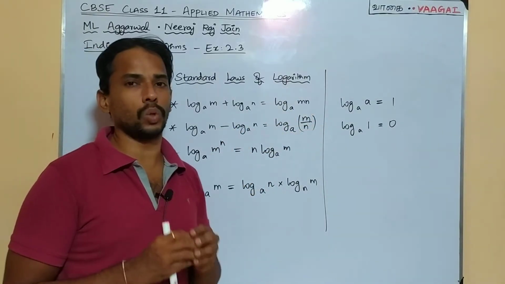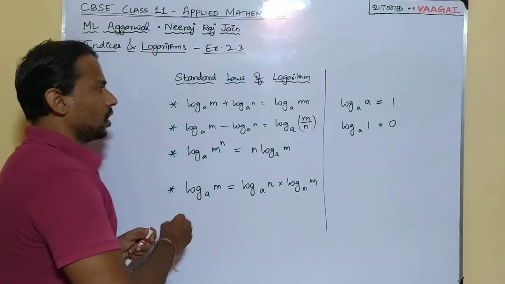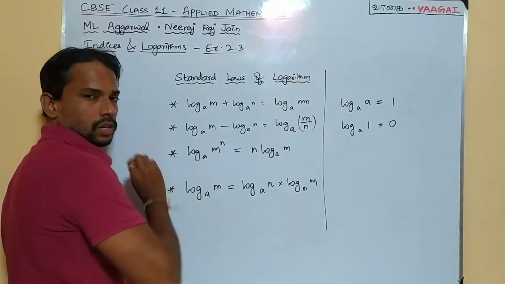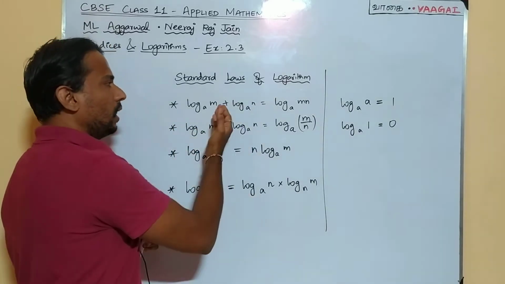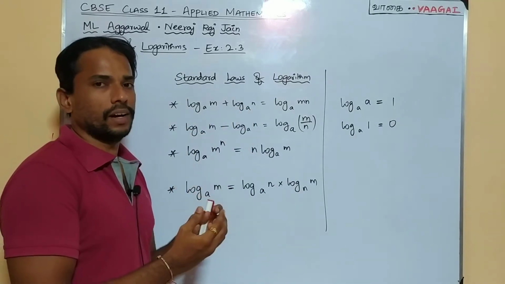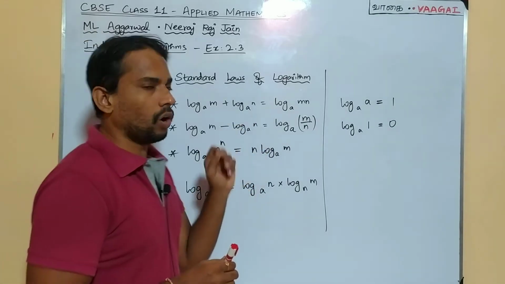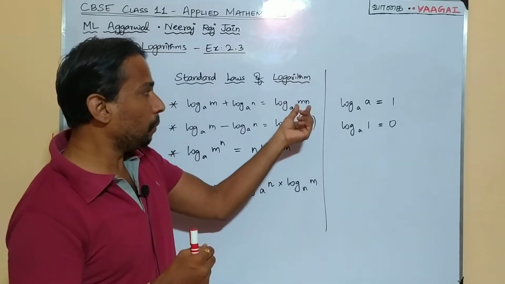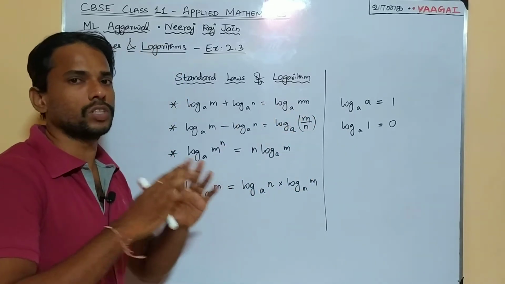That is, there are two values with the same base. If they get added, then on the right hand side it will be the log of the product of the two values, and it will again have the same base. This is what the first rule says.